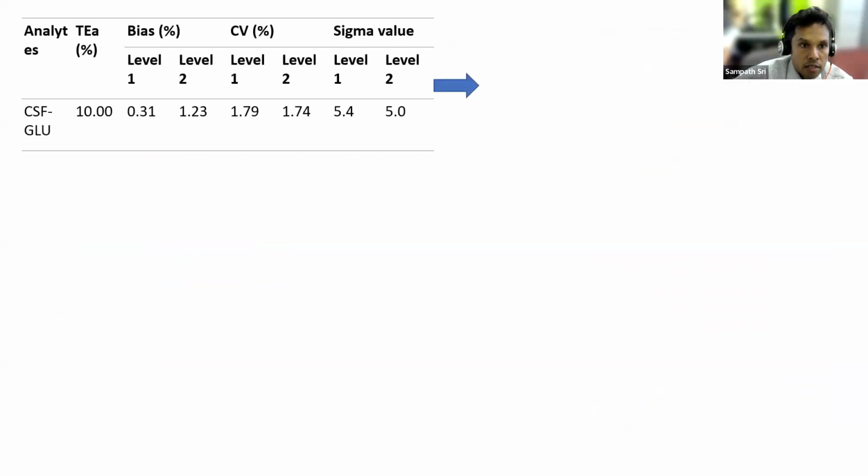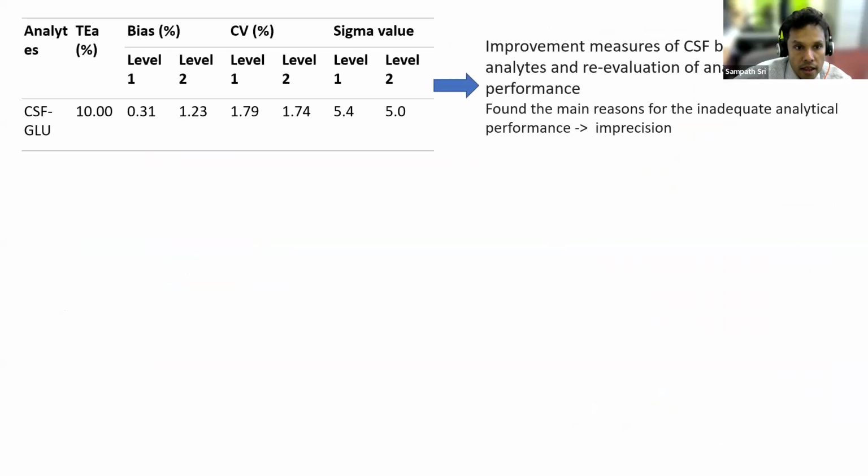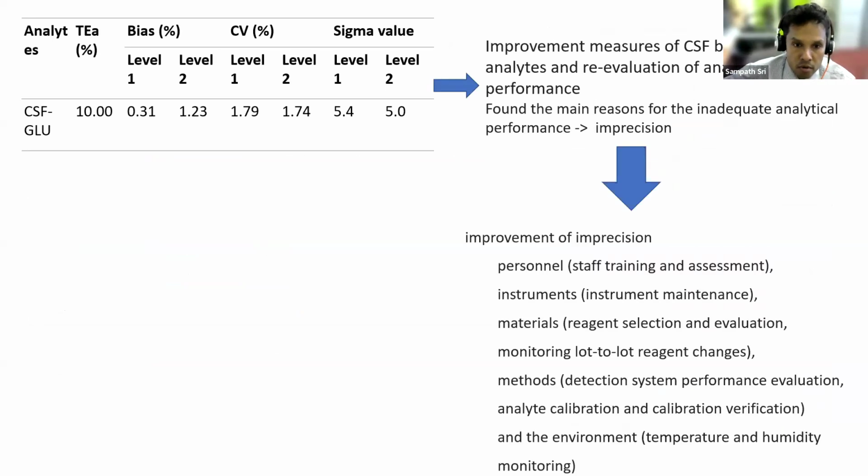Then they analyzed their system to see what was wrong with the glucose, to improve the performance. They noticed that their performance was poor because of imprecision. So throughout the next 6 months, they tried to improve their imprecision by addressing these issues. They changed personnel factors, like staff training and assessment.